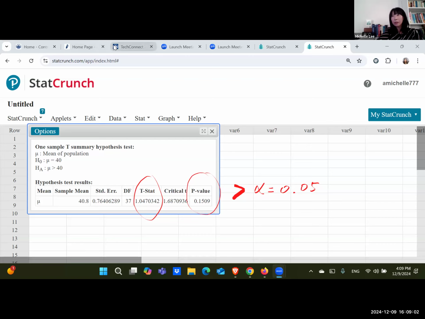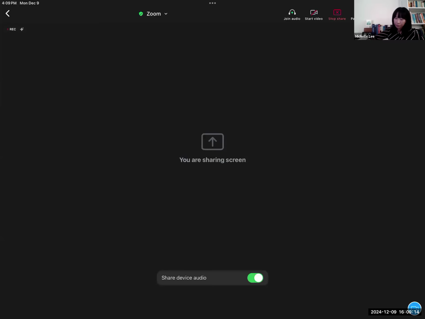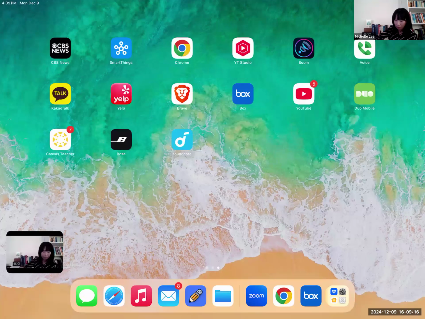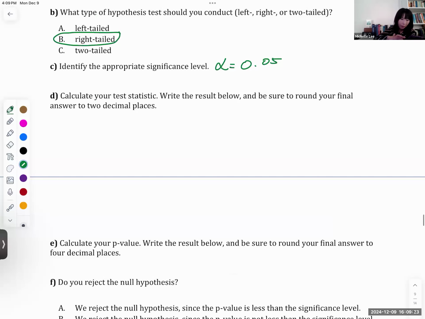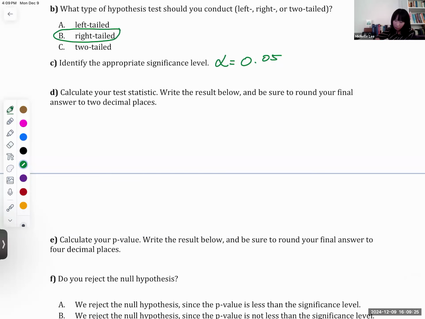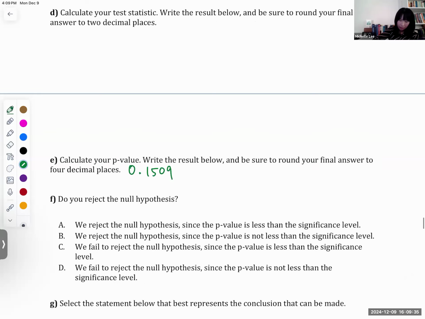Let's go back to 15. Okay, p-value will be how many decimals? 4 decimal places, which is 0.1509.